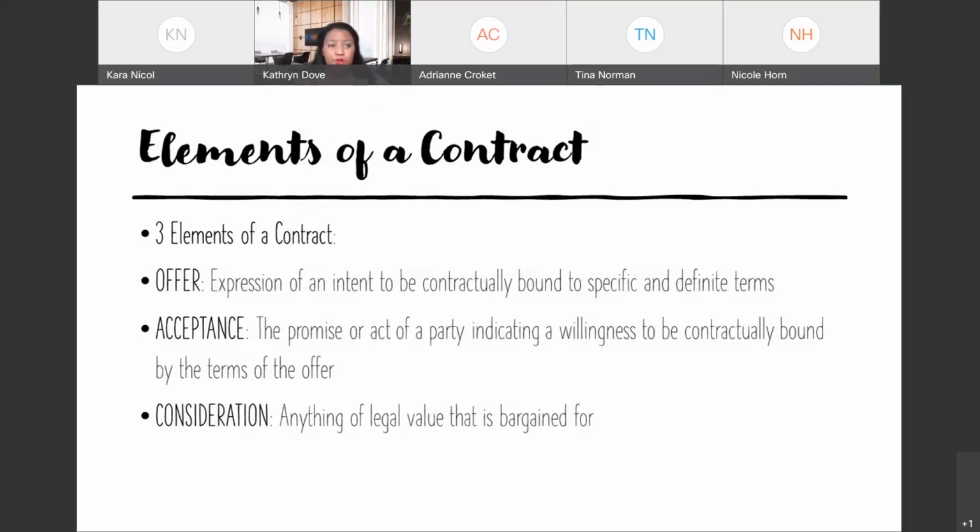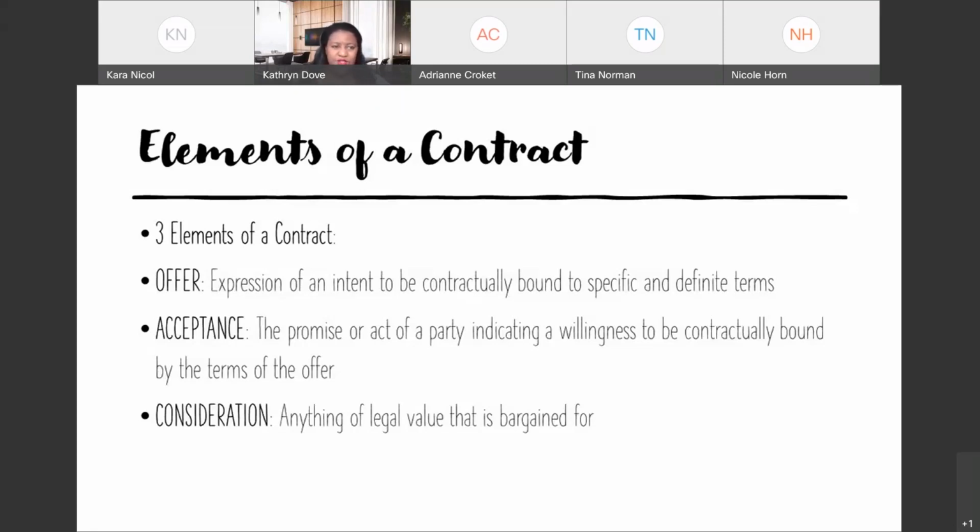So there has to be a mutuality of promises, a mutuality of obligation, and each party has to get consideration. So that's why the contract for a sale of a vehicle is enforceable, because there's an offer to buy the vehicle. One party accepts that by agreeing to pay, and then they each get consideration.